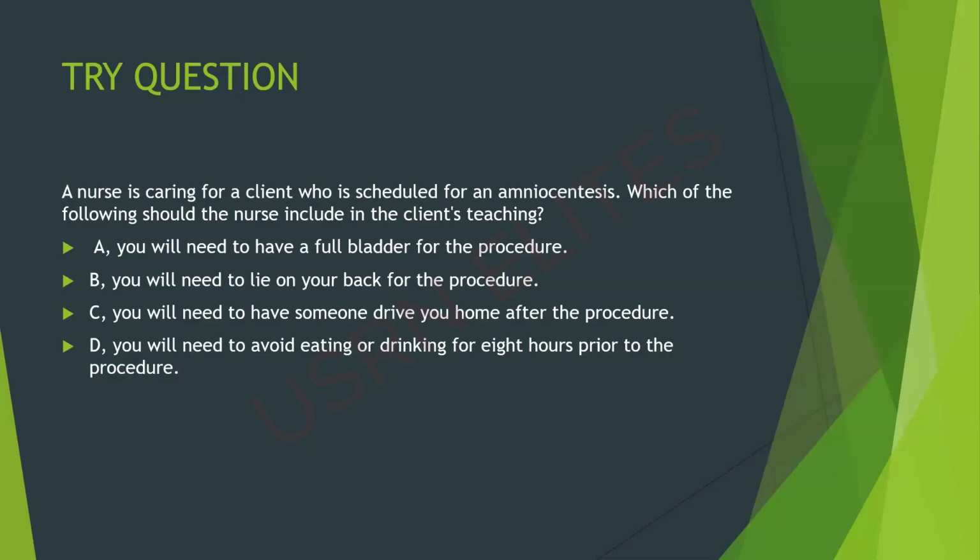That's the standard. But with amniocentesis, because we are introducing a needle, there's no need for a full bladder. If we do that, we are going to rupture. So please, don't think that we need a full bladder for amniocentesis. Never true.